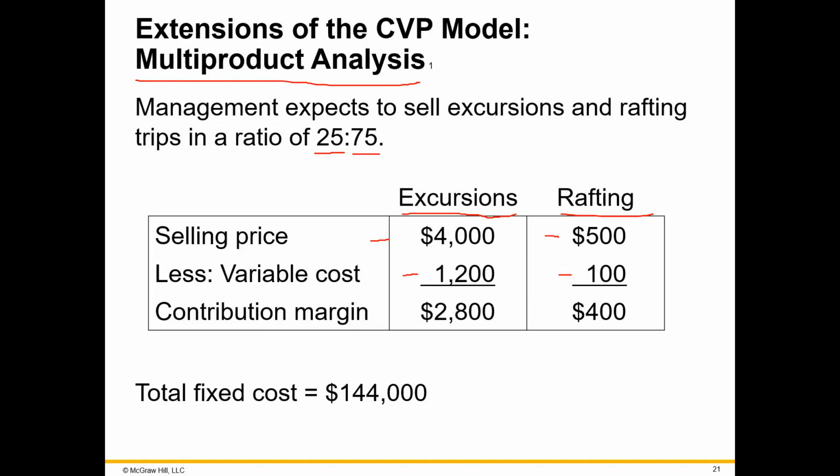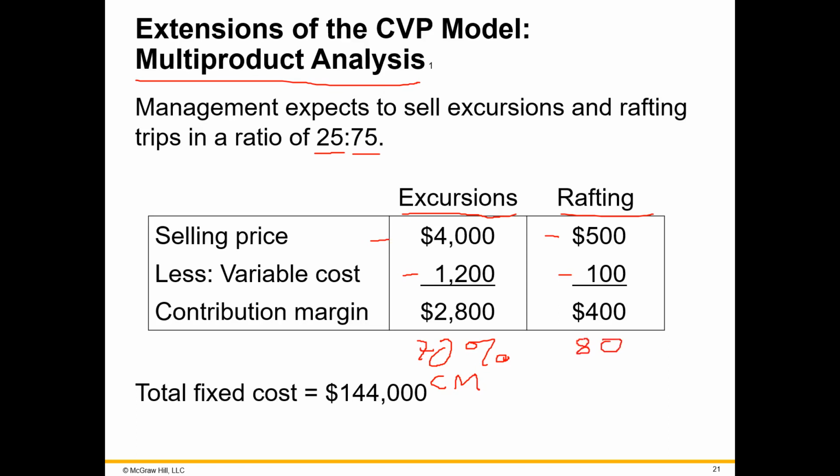And for rafting, our contribution is $400 divided by the $500 sales price. And so for rafting, our contribution margin is 80%. So we actually make more profit percentage-wise on the rafting trips, although dollar-wise, we make more on an excursion.